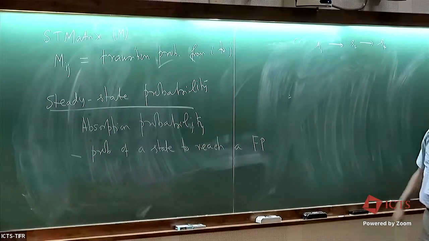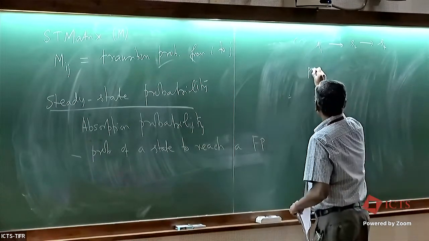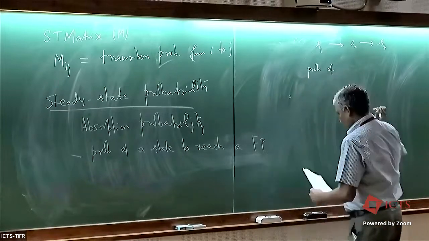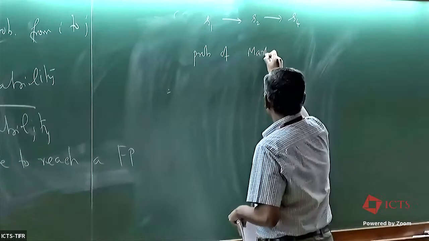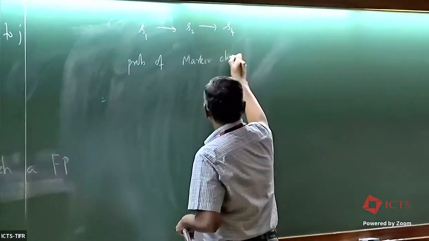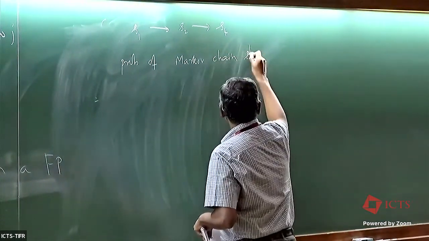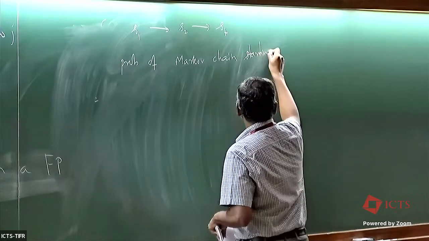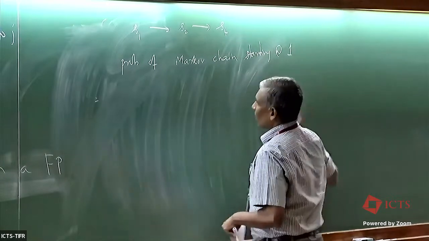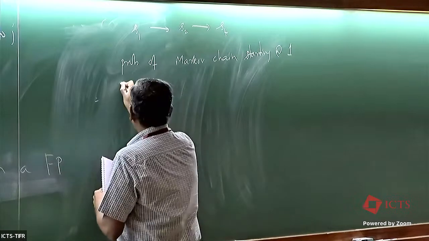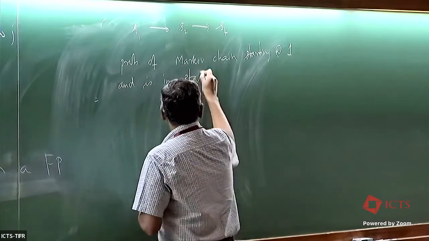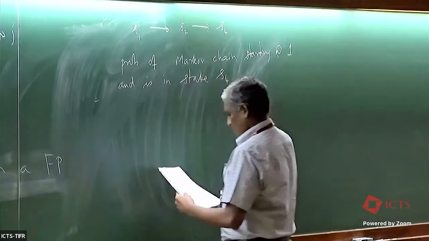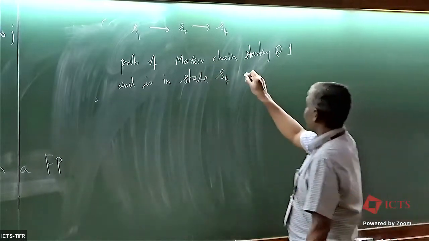So I can find the probability of the Markov chain starting at S1 and being in state S4 in exactly 2 steps.